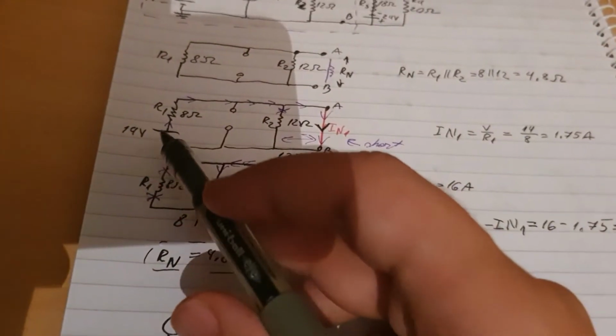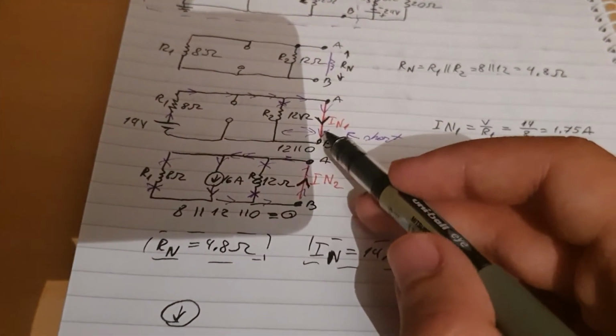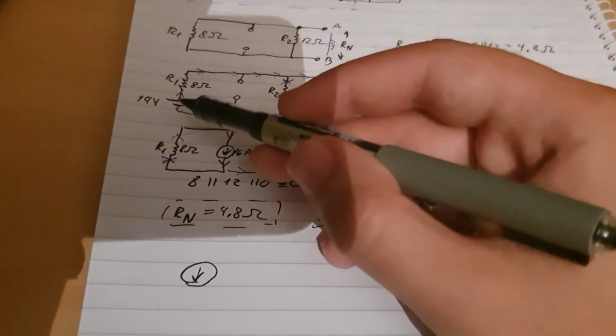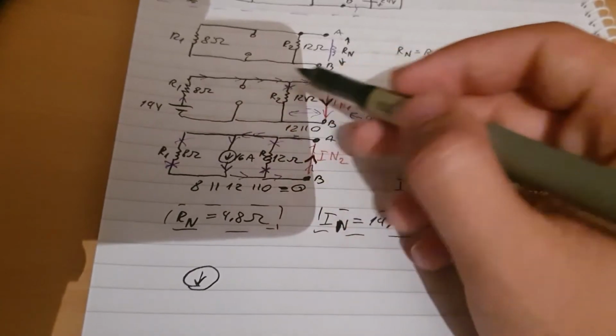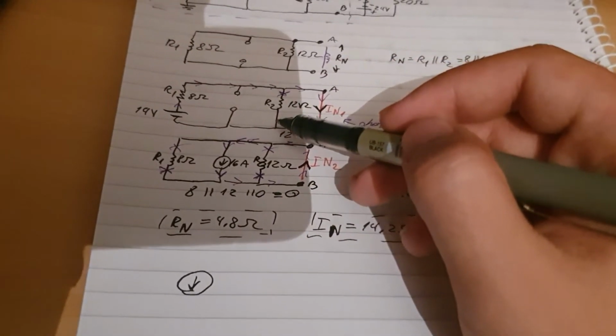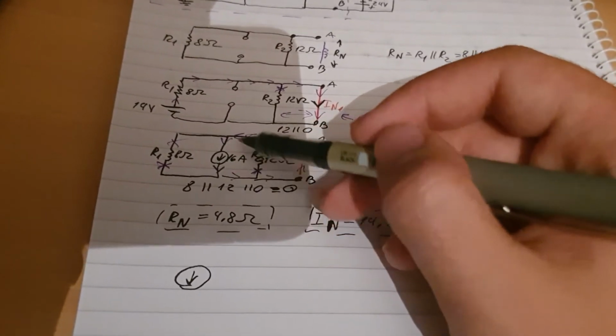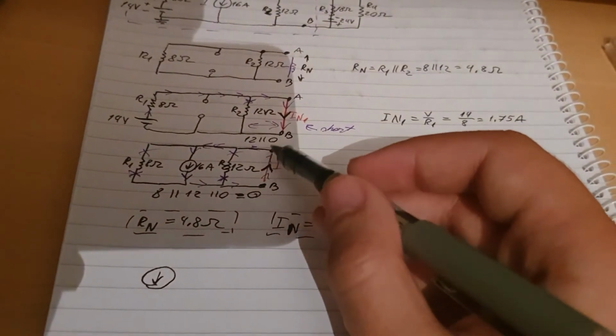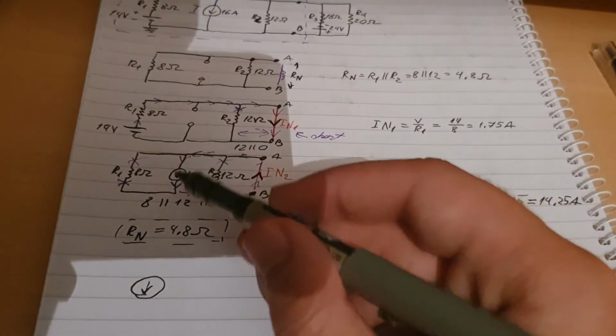You see, if I1 was bigger than I2, then the current will go up, because this is the direction of the current in the first drawing, in the first diagram. However, this current was proven to give us a positive answer, which means the current is flowing in this direction, as in diagram number 2.